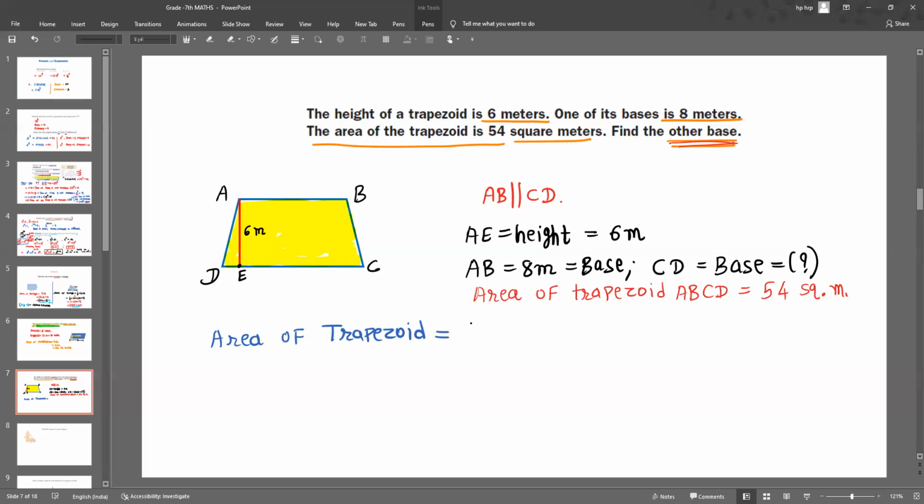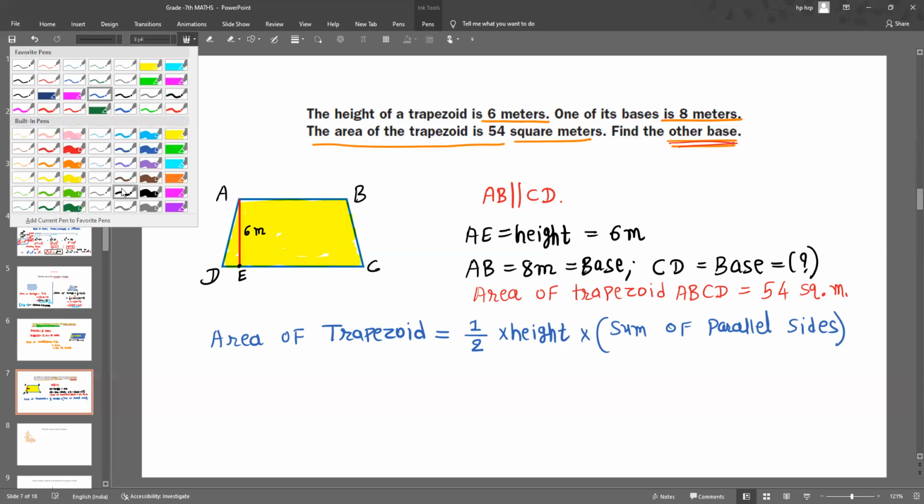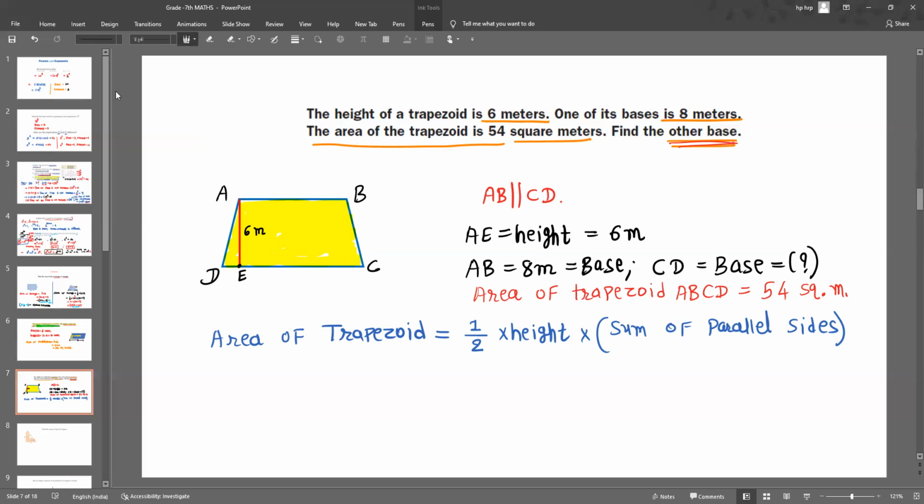That is equal to 1 by 2 multiplied by height multiplied by the sum of parallel sides.